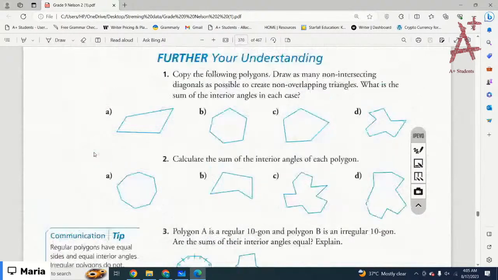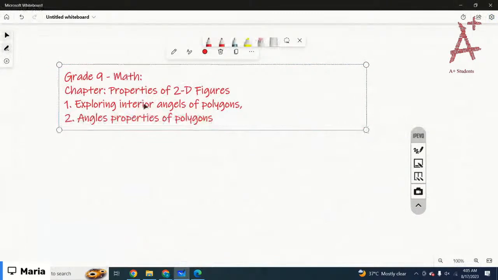You can calculate the sum by using the formula n minus 2 times 180, right? The formula is n minus 2 times 180.